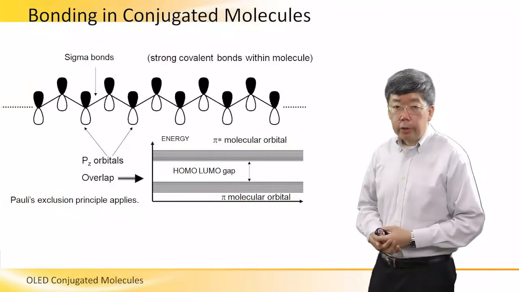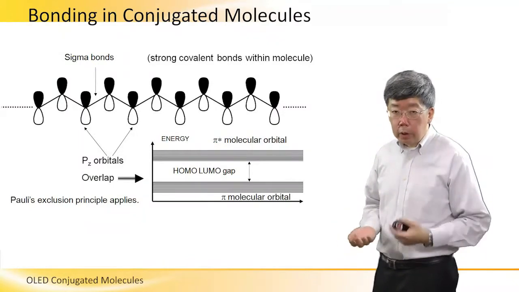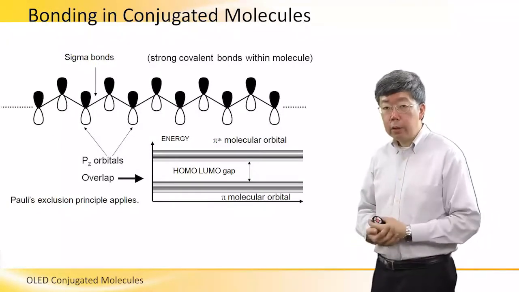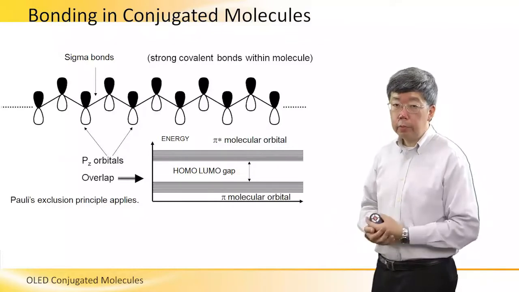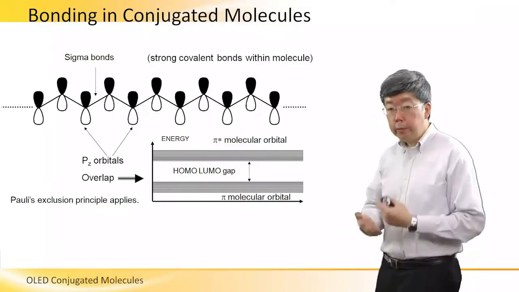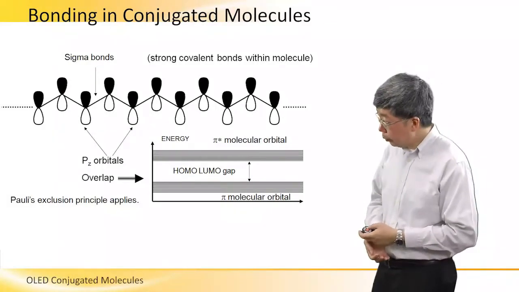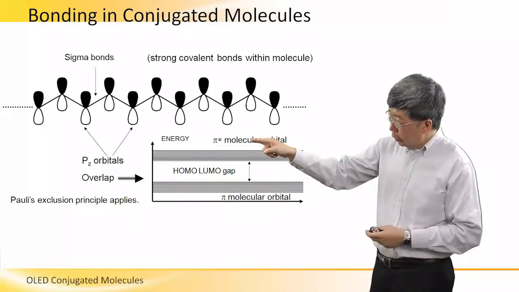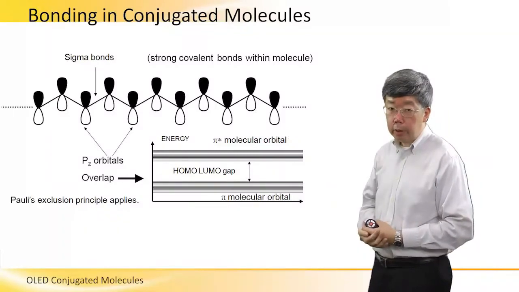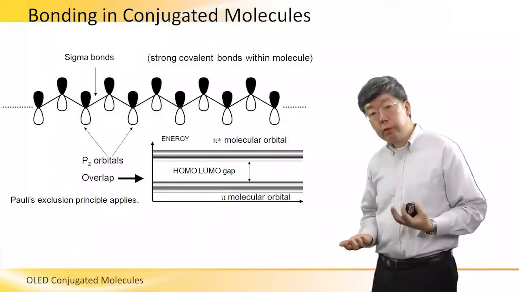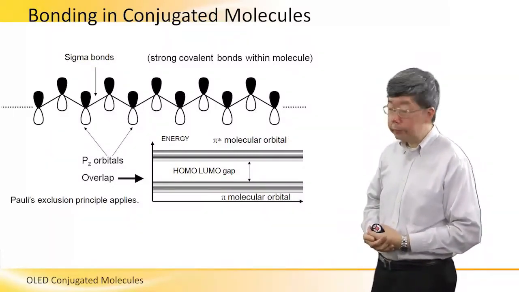So in this slide, we use a diagram to illustrate this idea of conjugated bonding and the pi star molecular orbital. What we see at the top is a schematic diagram of a conjugated polymer molecule.